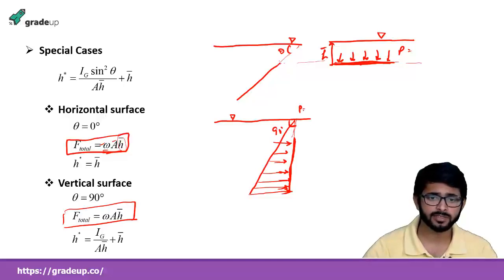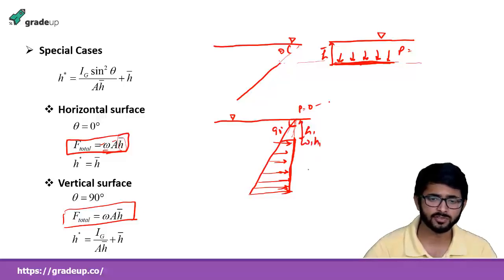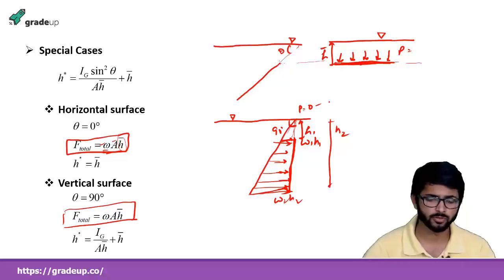Taking pressure equal to 0, referring to the atmosphere as a reference, the pressure at this point is 0. Moving downward, it will increase at the rate of omega h. So here, say it is h1, it will become omega 1 h1. Pressure here is omega 1 h1, and here, if this distance is h2, it will become omega 2 h2.